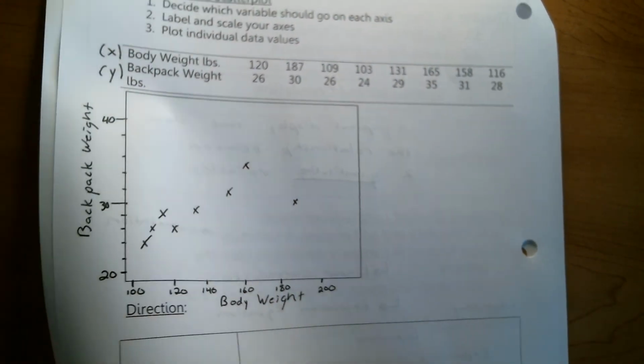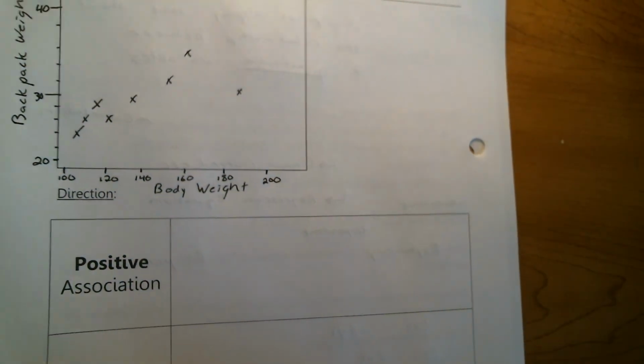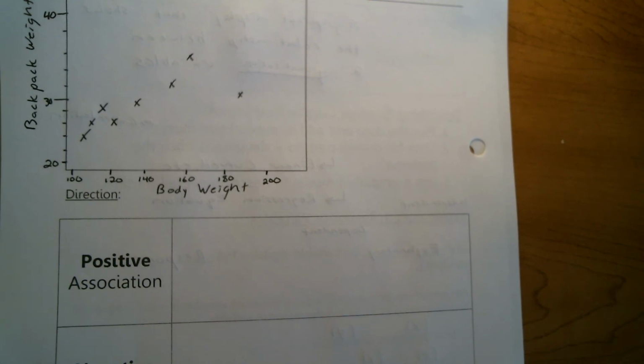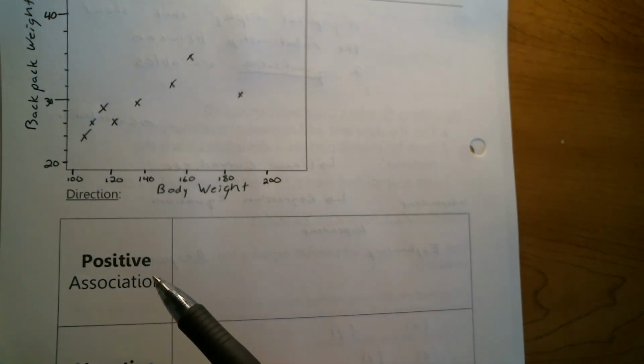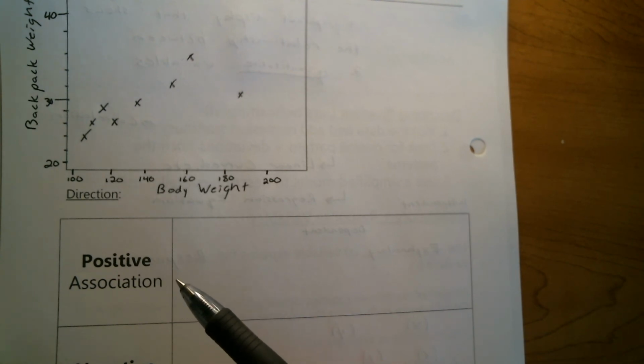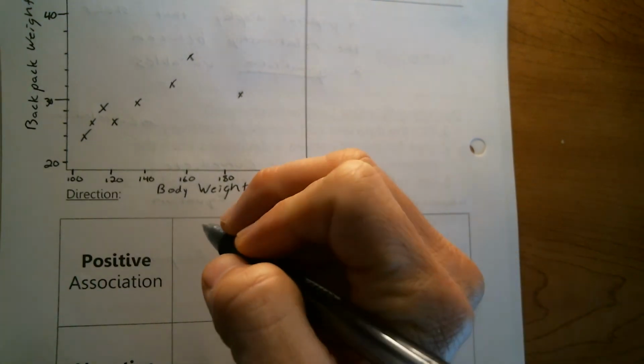So I'm going to go through these one by one, and then we'll come back and describe this chart to see what we actually have here. So the first thing that we can describe is the direction. The direction is either going to be described as a positive association or a negative association.